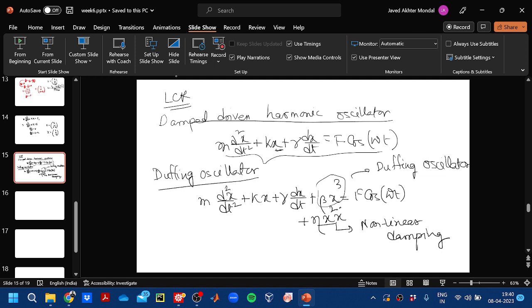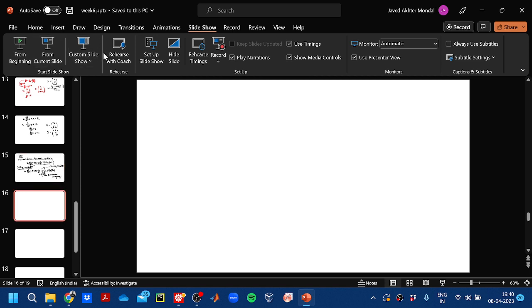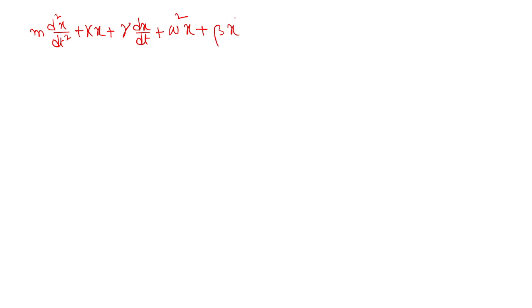So let us do it for this damped Duffing oscillator. m d2x/dt square plus kx plus gamma dx/dt plus omega square x plus beta x cube plus eta x square x dot equal to f cosine of omega prime t.